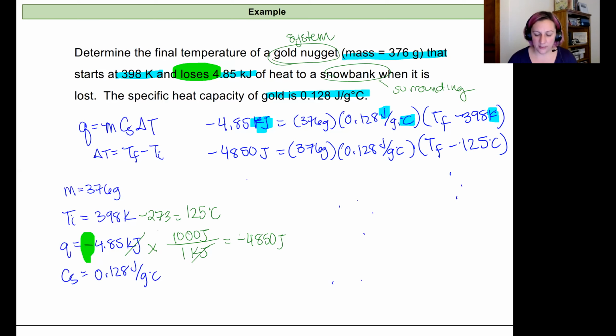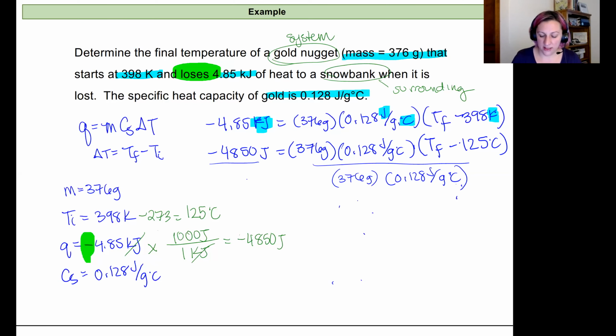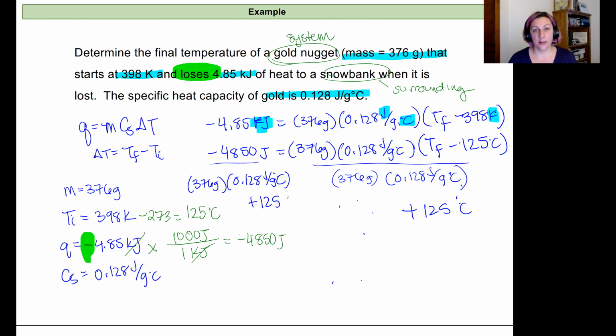And when I do that, I'm going to divide both sides by this 376 grams. And I'm going to divide by this 0.128 joules per gram degrees Celsius. And I'll do the same on the other side. I'm also going to add 125 to both sides to isolate the final temperature.